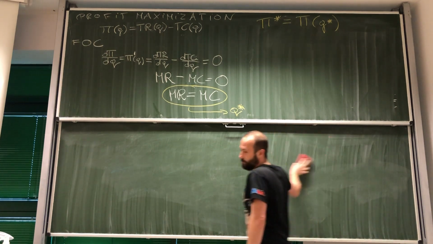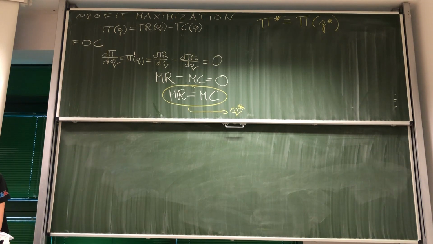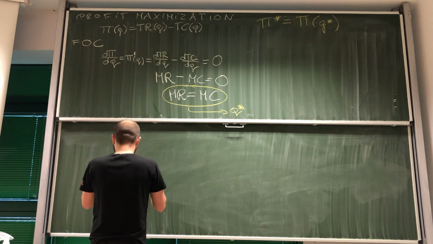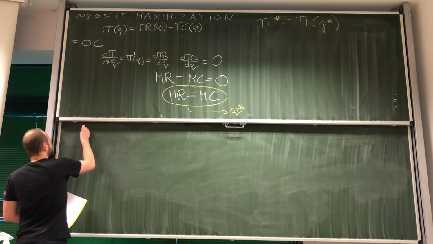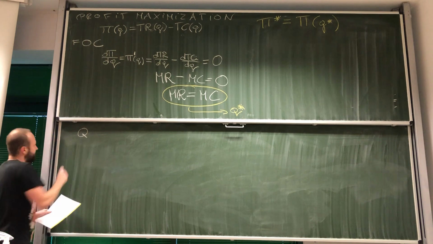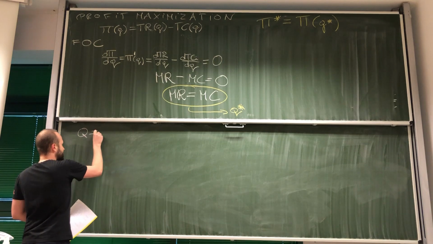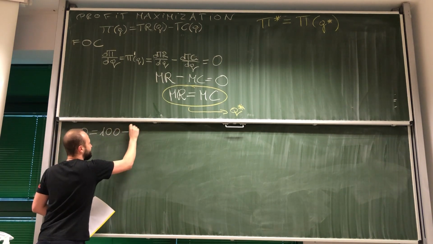Okay, so our example goes like this. The demand function for some specific company's product is given by 100 minus P.